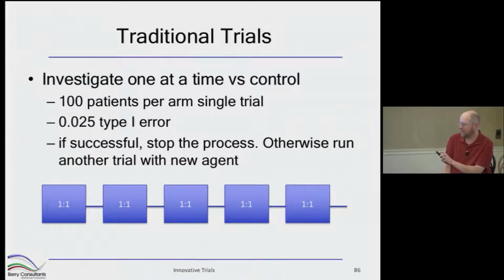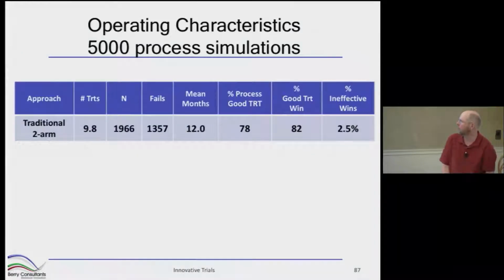So this, if our bucket has 10% good drugs, what happens? So on average, we've got to run through 9.8 treatments to find a successful drug. That's about in line with our 10% of the drugs work.